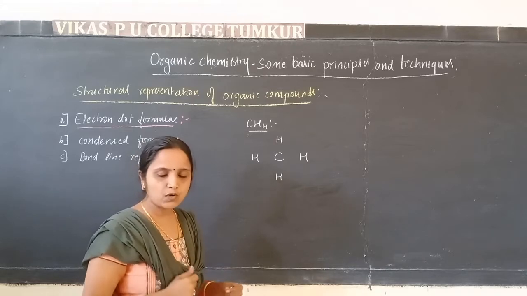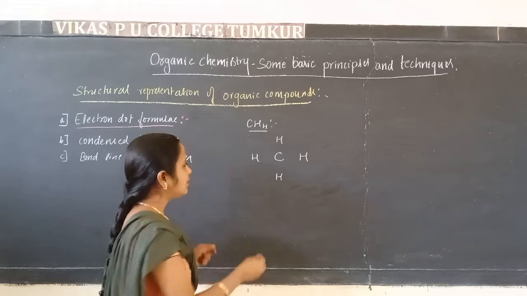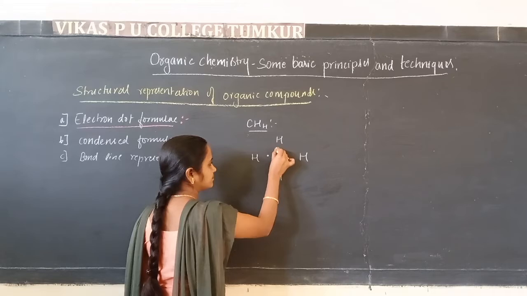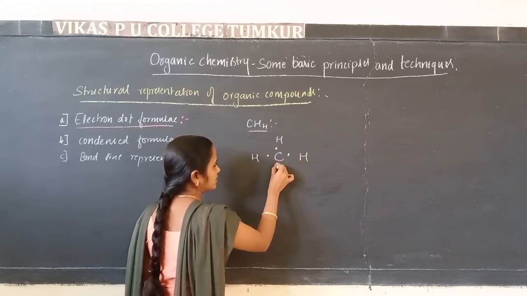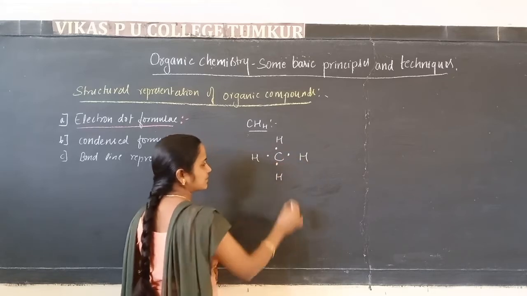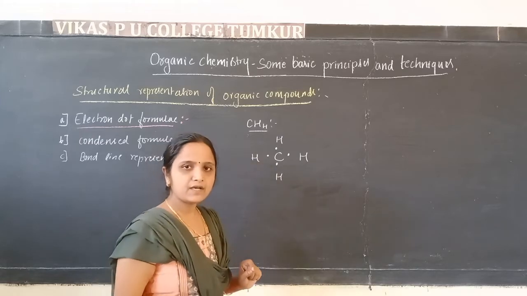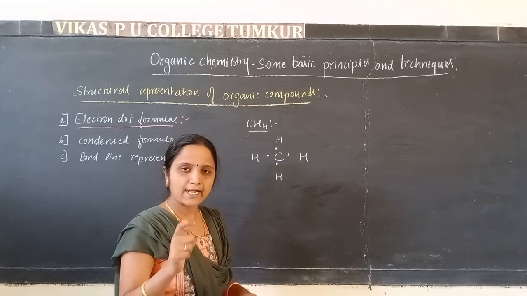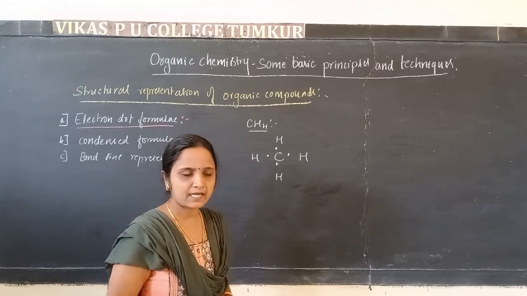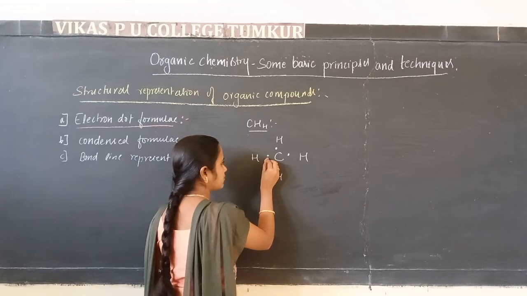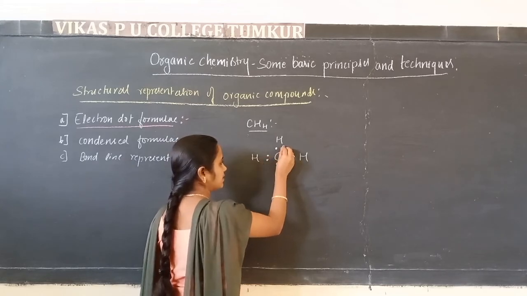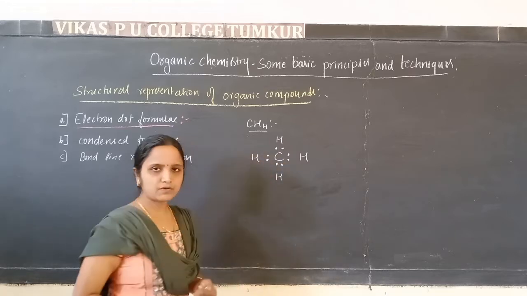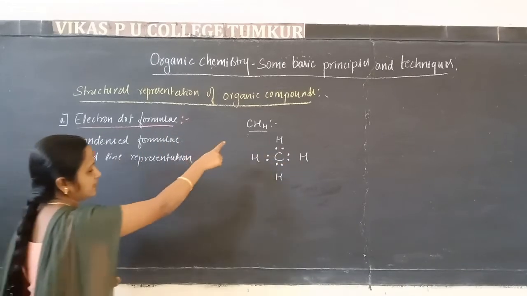The number of valence electrons in carbon is 4, which we write using dots. The number of valence electrons in a hydrogen atom is 1. Each hydrogen atom has 1 valence electron, and that valence electron is represented here. This is the electron dot formula of methane.